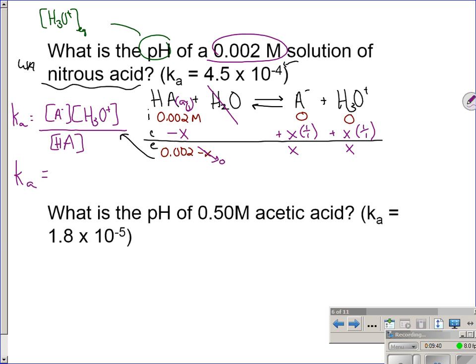So Ka is equal to the concentration of A minus, which is x, times the concentration of hydronium, which is x, over the concentration of the acid, 0.002. We were told that the value for Ka is 4.5 times 10 to the negative 4.